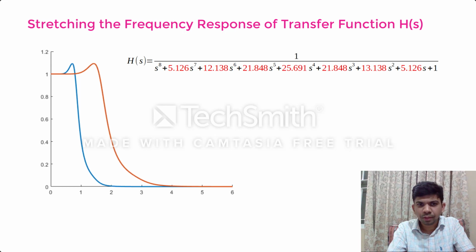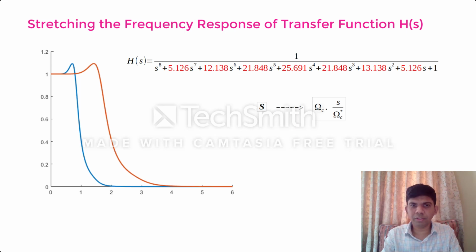So now it is confirmed that if we scale the complex frequency variable like we discussed, then we will be able to design a transfer function that will satisfy the demand of the new or desired filter.